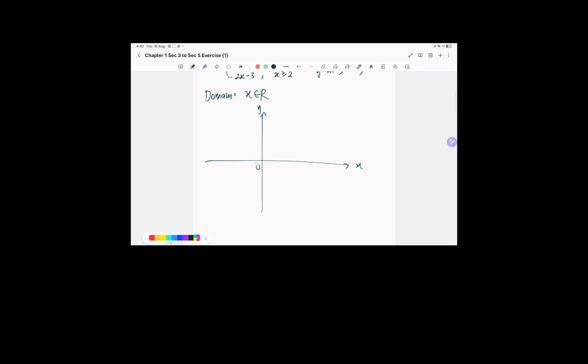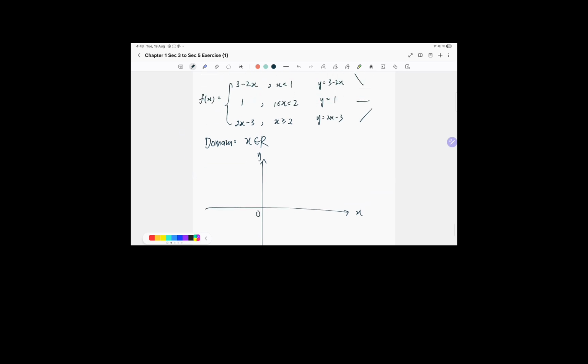X-axis, y-axis, 0. Okay, y equal to 3 minus 2x. This is true when x is less than 1. So when x equal to 1, because we need to have the starting point, so-called the ending point, your y is equal to 1 as well.